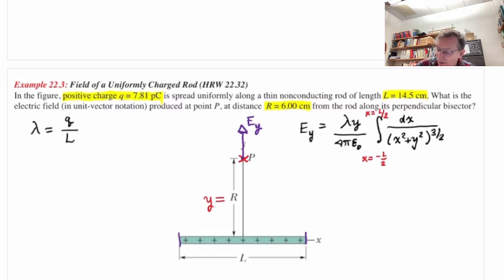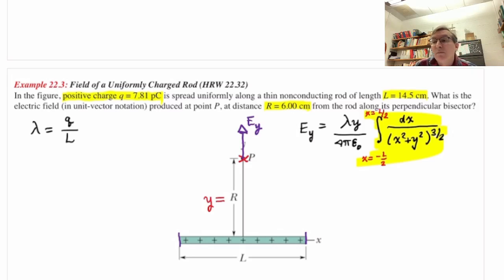So we have to do this integral. Let me highlight the actual integral part. All right, now that's just a math problem to do that integral. What are your ways to deal with this? Because you are faced with this math problem. Well, I can think of 3 ways to deal with this mathematical problem of doing this integral.